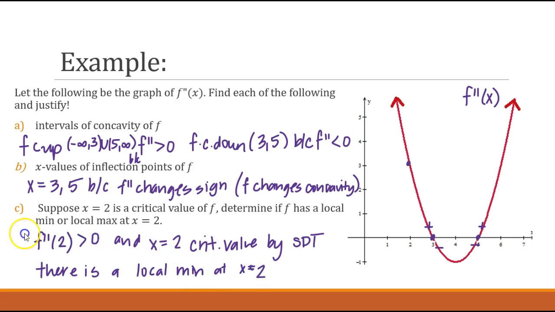So since the second derivative is positive, remember that would imply that the original function is concave up. So if I have a concave up function at something that we know is a critical value, then there has to be a local minimum at that particular value.